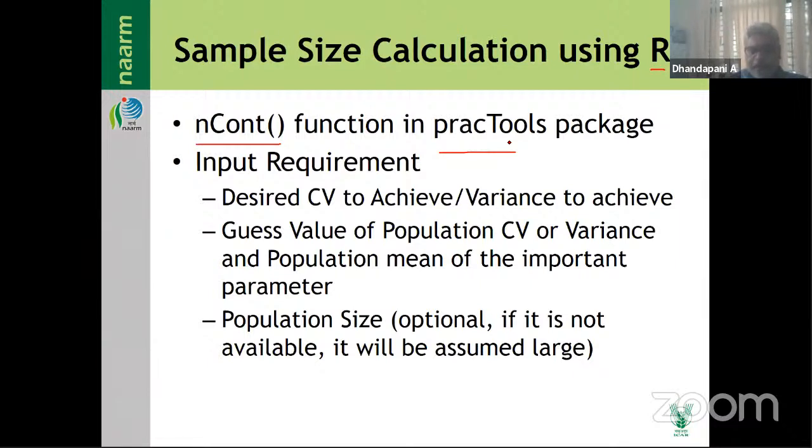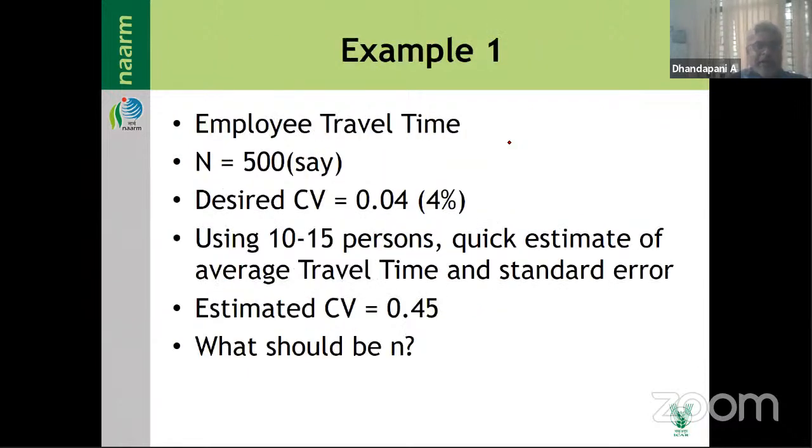I will show it on the software maybe at the end, but in this example, say I want to estimate the sample size for average travel time. That is my parameter. Let us assume that there are 500 employees. As I was telling you, it is immaterial, and you can even ignore it.